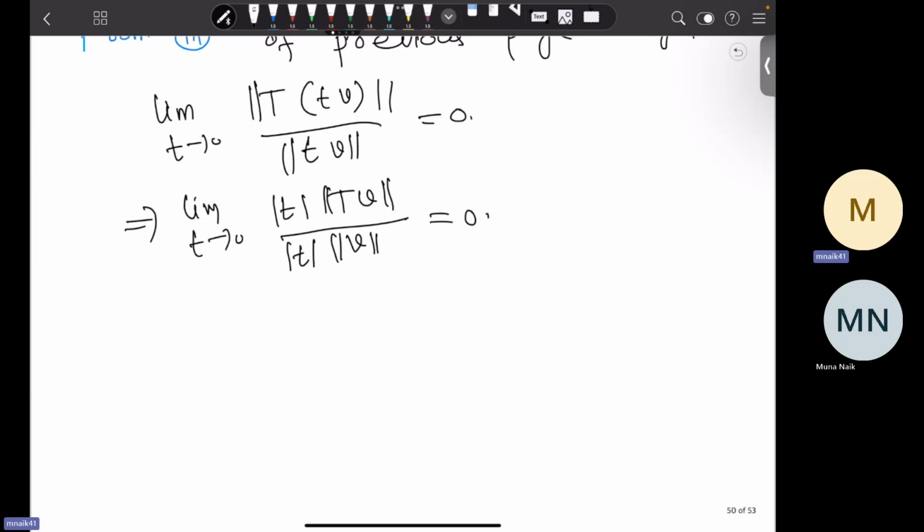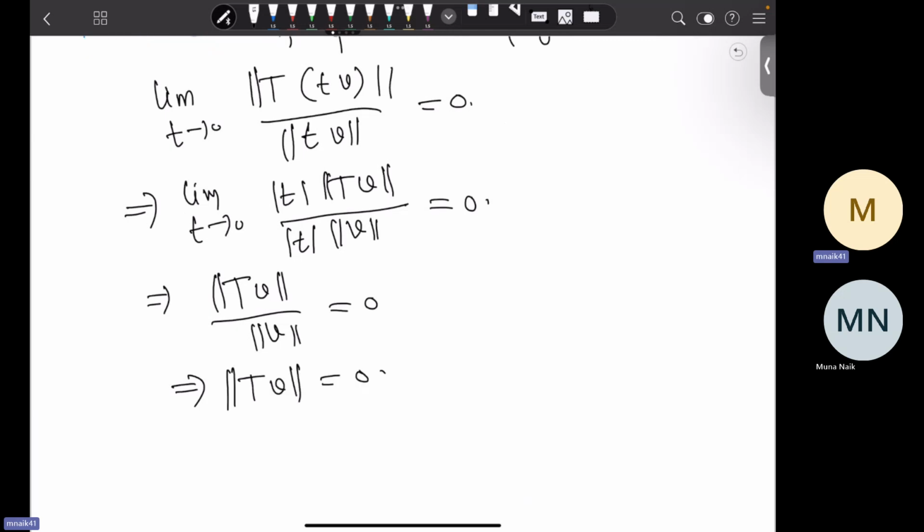Now look at this thing. This mod t will cancel out from the numerator, and the rest of the thing is independent of t. So that will give you norm of tb by norm of b is equal to 0. Since b is non-zero, this will imply that tb is equal to 0.